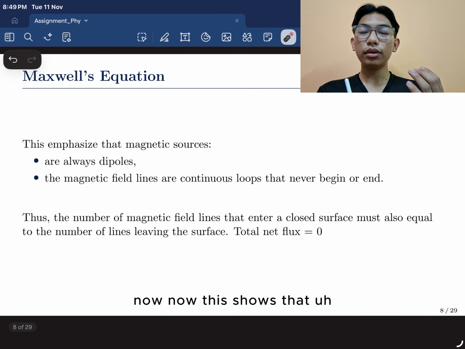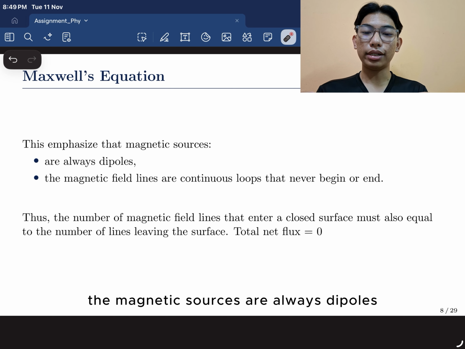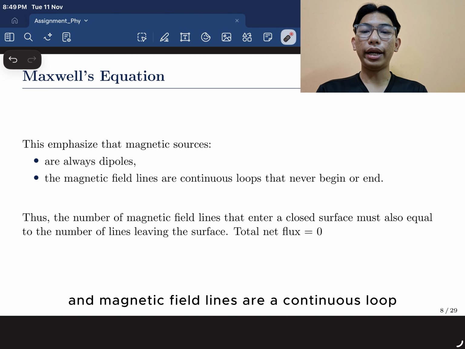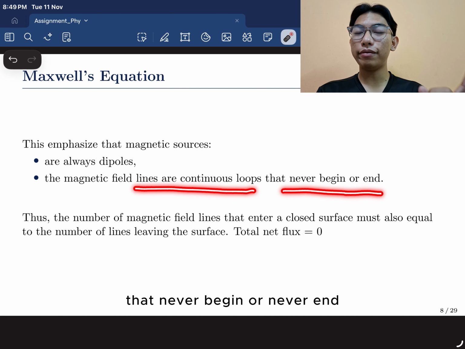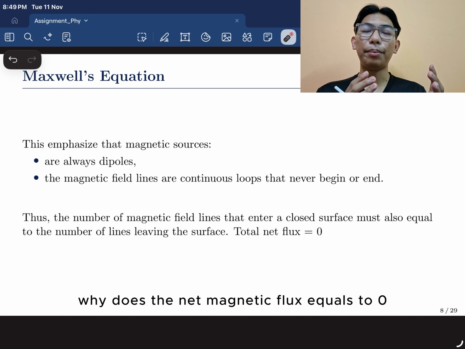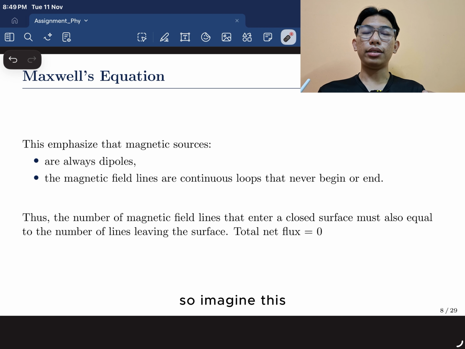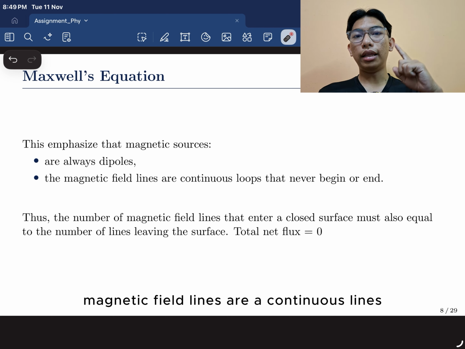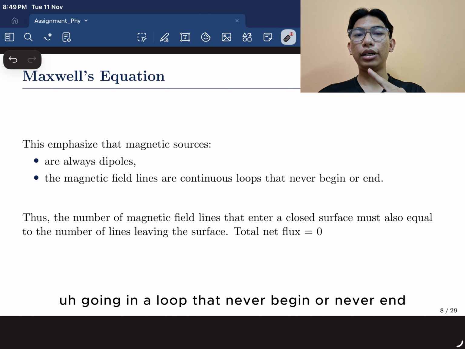Now, this shows that magnetic sources are always dipoles, and magnetic field lines are continuous loops that never begin or end. Why does the net magnetic flux equal zero? Imagine this. Magnetic field lines are continuous lines going in a loop that never begin or end.